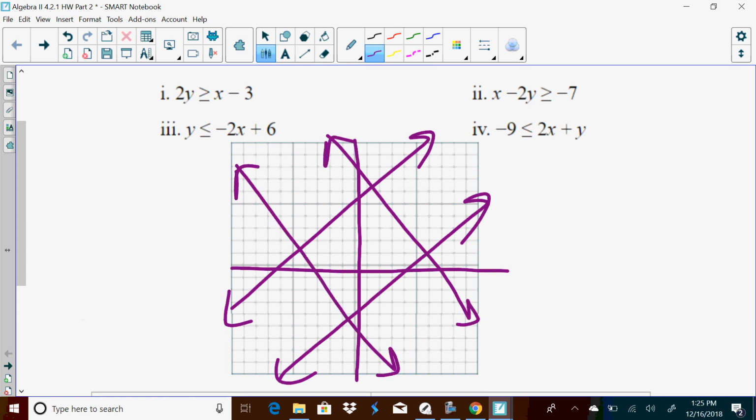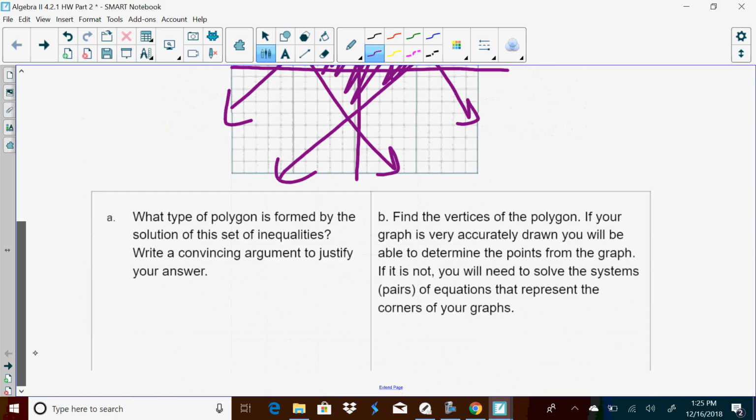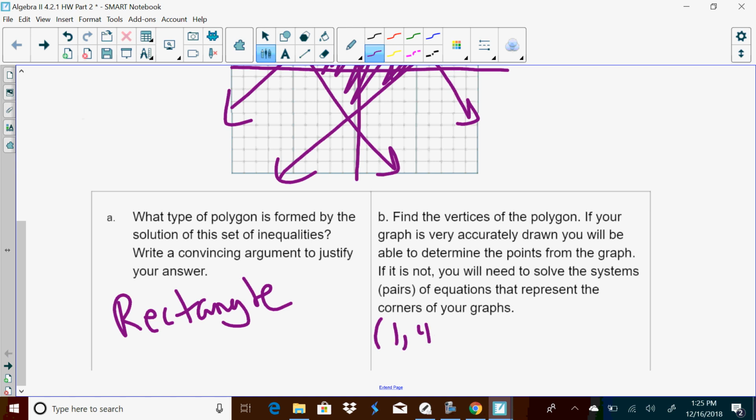And then if you figured out where it was shaded, it turns out it was shaded in the center. So the question is, what kind of polygon? It's a rectangle. And the corners were at (1, 4), (-3, -3), (-5, 1), and (3, 0).